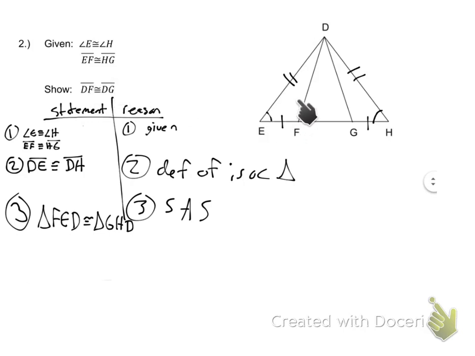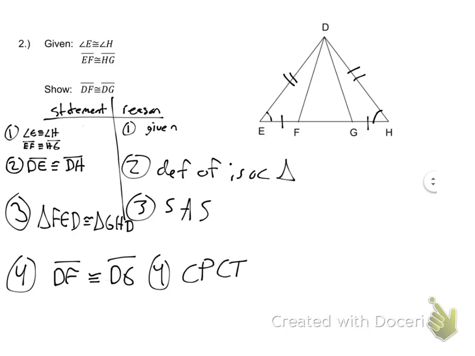So, is DF now congruent to DG? I think we can now state that. And the reason is CPCTC: corresponding parts of congruent triangles are congruent.